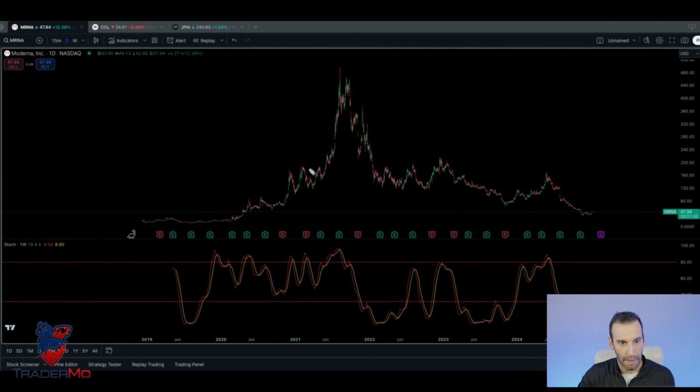Here's your kind of top. You went through COVID, crazy, but look at this. It's kind of all this same level. Even here, it's a little bit lower, but it's about that same level. Then if you look at the bottoms, same level. Consolidation in here. Here was that same level. Here was that same level.